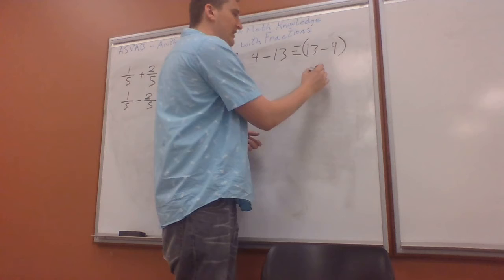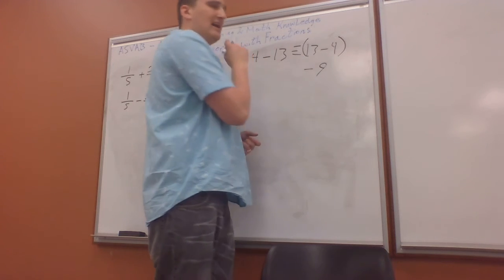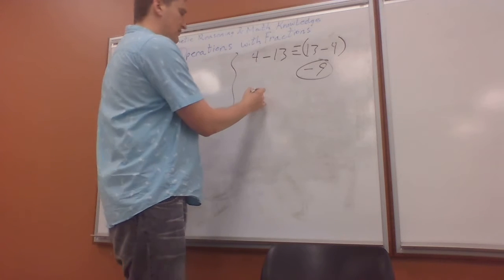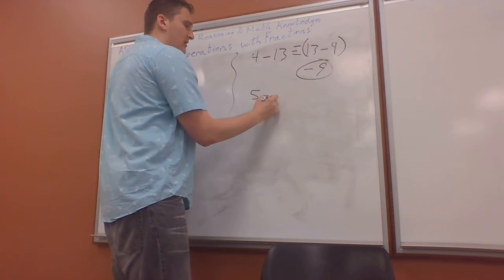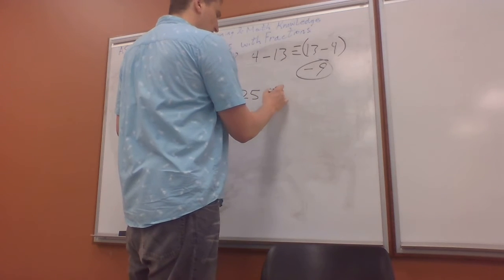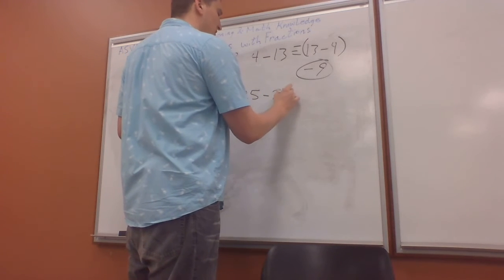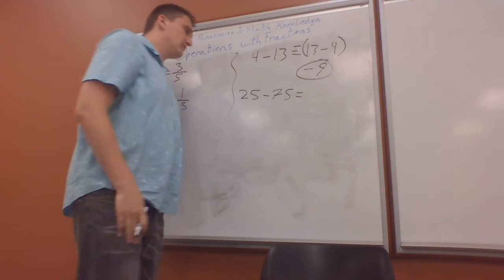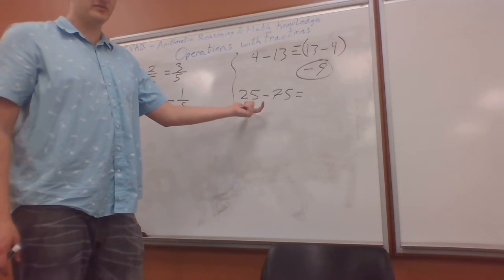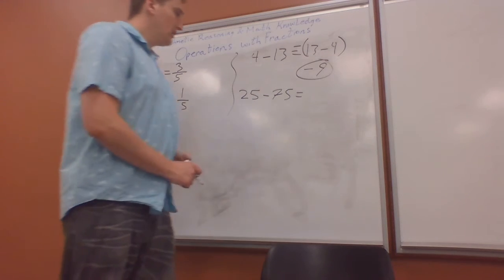13 minus 4 is 9. I just say, okay, I know it's going to be in the negatives. It'll be negative 9. Or let's do a bigger one. Let's say 25 minus 75. Well, I know the difference between regular 25 and regular 75 is going to be 50.